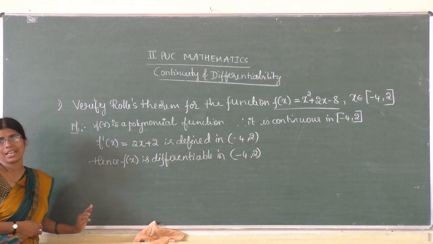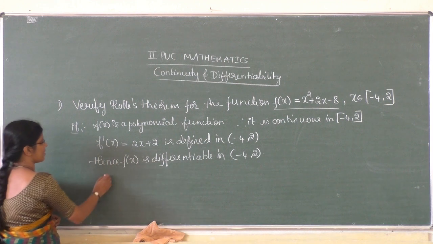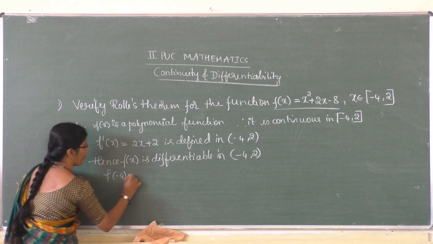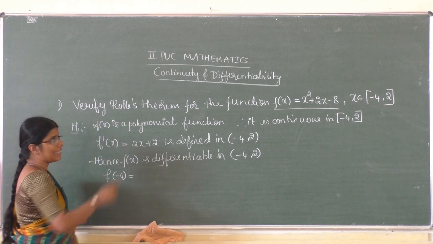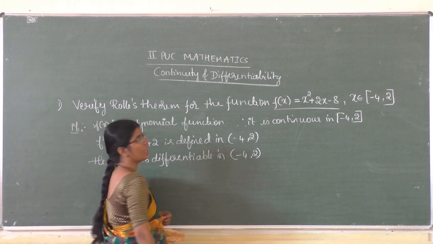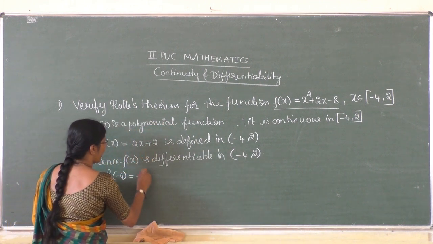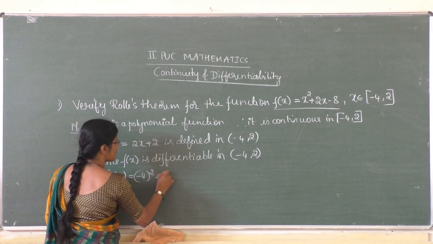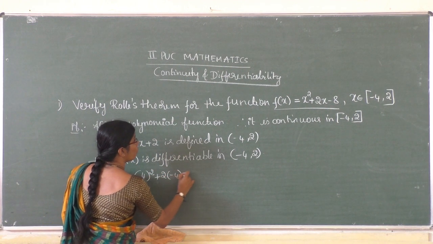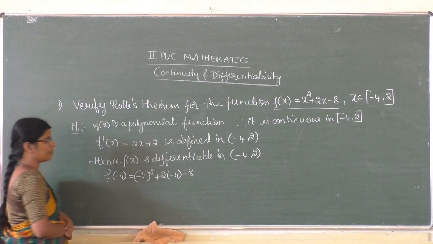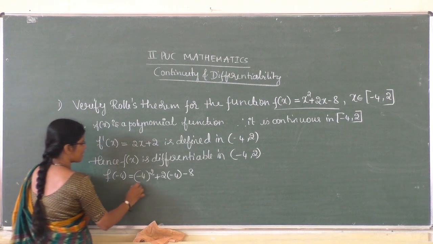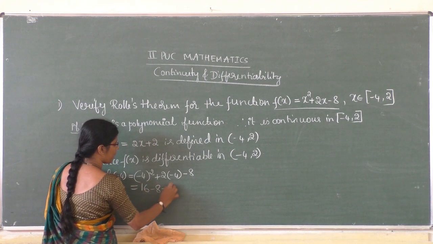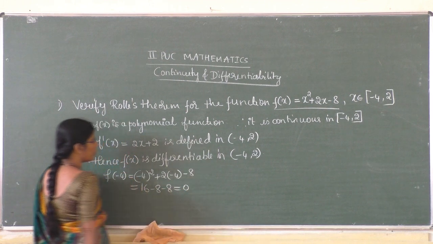So two conditions are over. Now the third condition, that is f of minus 4. In the place of x you have to put minus 4. So minus 4 square plus 2 into minus 4 minus 8, that is 16 minus 8 minus 8, equal to 0.